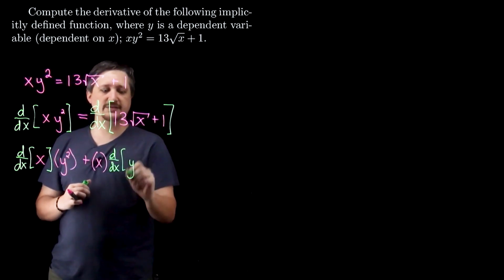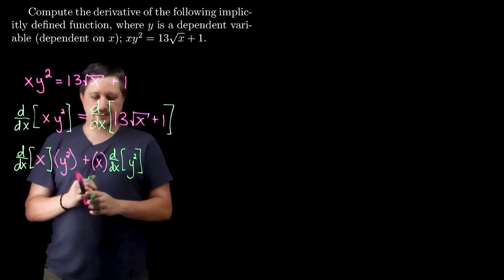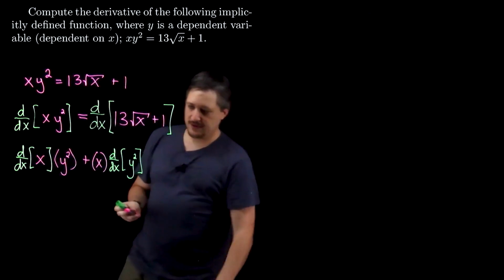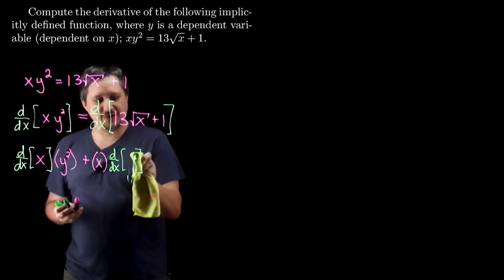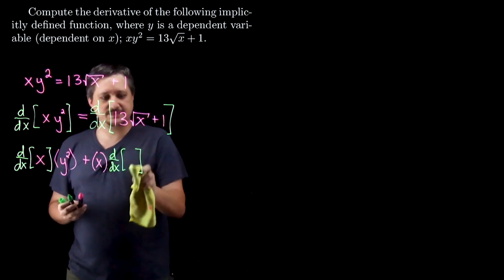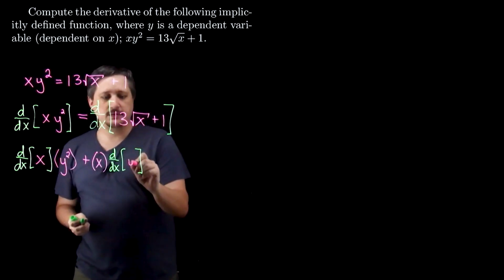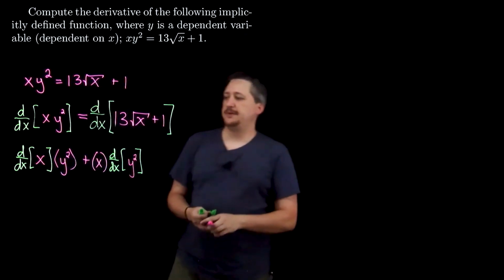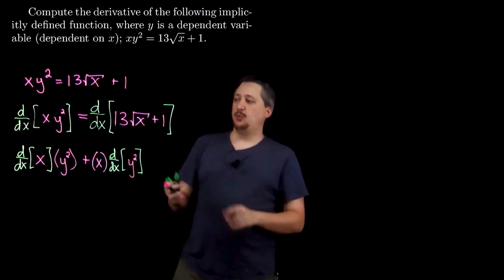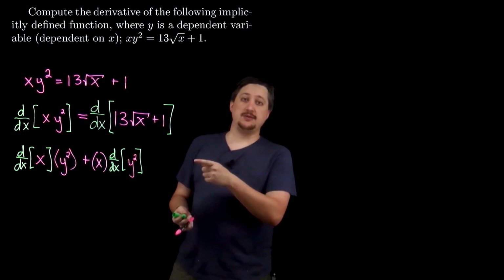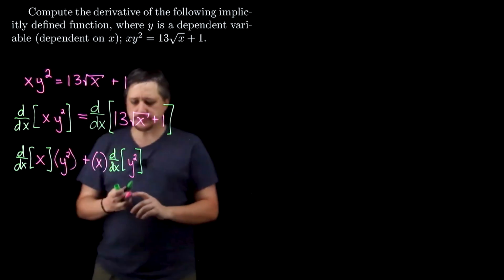It can be helpful to write this step out because this will show why one of these things is going to have a y prime and one of them won't.